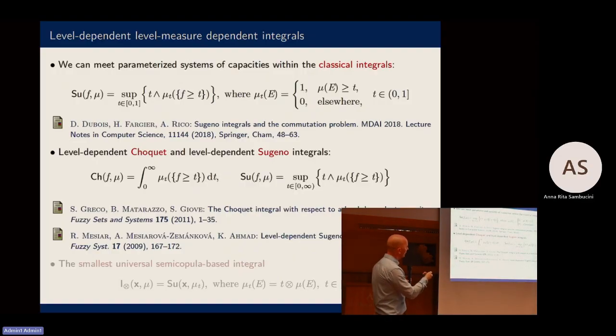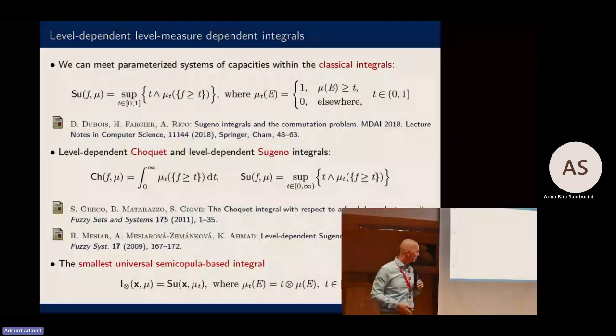Then level-dependent Choquet and Sugeno integrals look like these formulas. It means that on each level t, we consider a different measure, which we integrate using the Choquet or Sugeno integral.